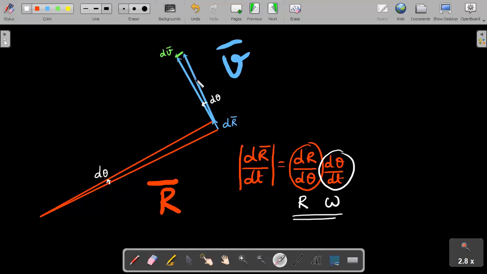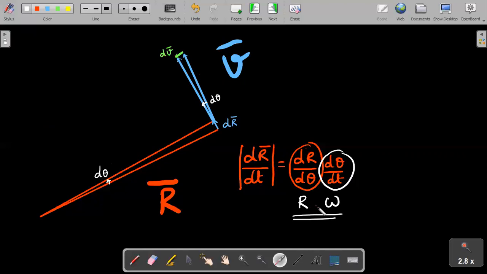Same thing, right? When we differentiate the velocity vector, which is nothing but differentiating the radius vector twice, right? So dv bar by dt is nothing but d2 r bar by dt2, right? So that second differentiation would be again at 90 degrees. And this 90 degrees is also happening in the anti-clockwise sense. Okay, so then you divide this dv bar by dt, you end up getting in this direction a value.